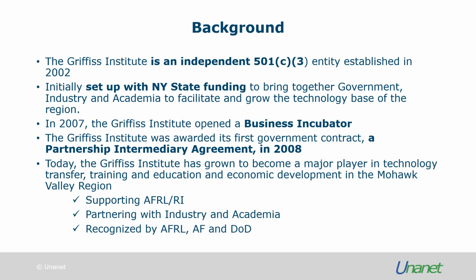Next slide. So just so that you know a little bit about Griffiss Institute, we are an independent 501c3 entity. We were originally established in 2002, and we were set up initially with New York State funding. Our mission was to bring together government, industry, and academia to facilitate and grow the technology base of this region. We are a business incubator, which we started in 2007. And we are also a government contractor, and we received our first government contract, which is a very unique type of contract that we have, in 2008.